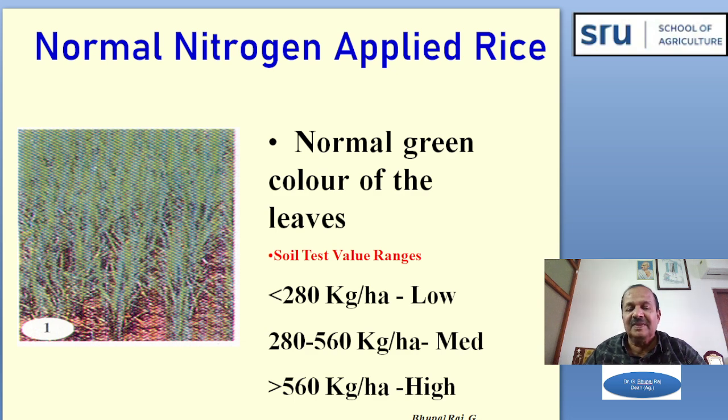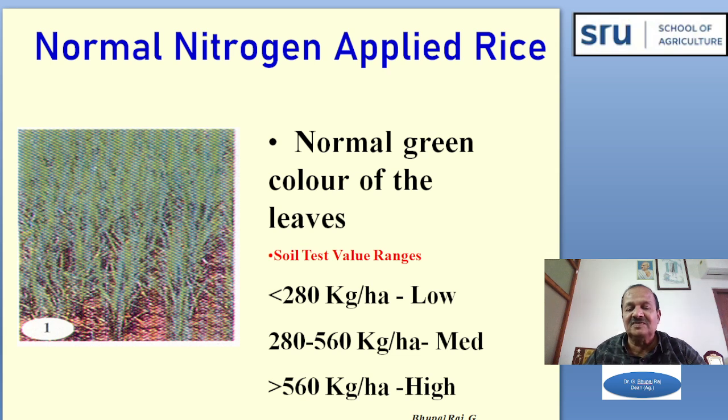Generally, the nitrogen fertilizer recommendations for the different crops are based on the medium level of soil nitrogen, that means 280 to 560 kg nitrogen per hectare. On this basis, all the fertilizer recommendations are done.